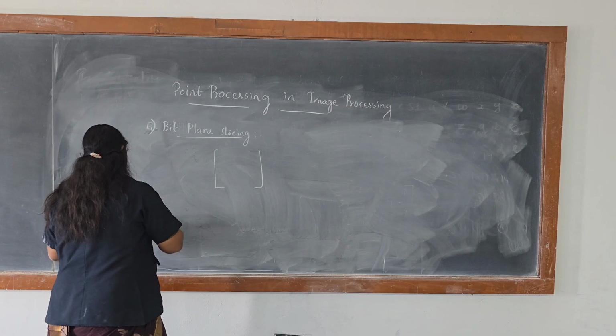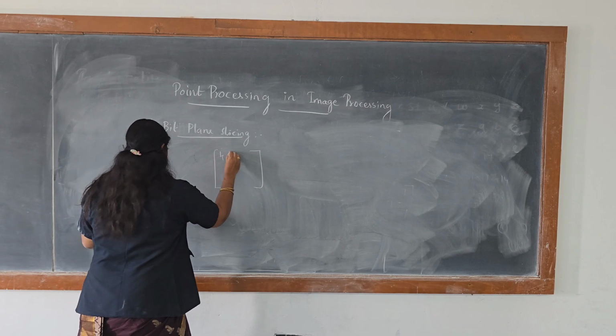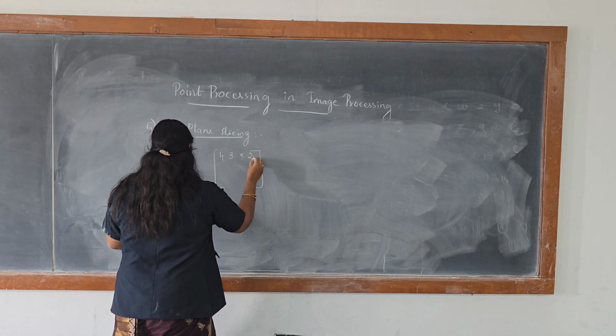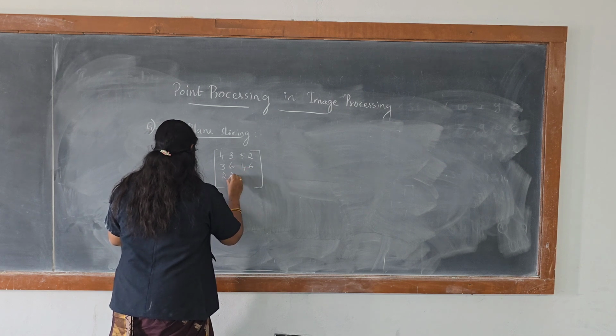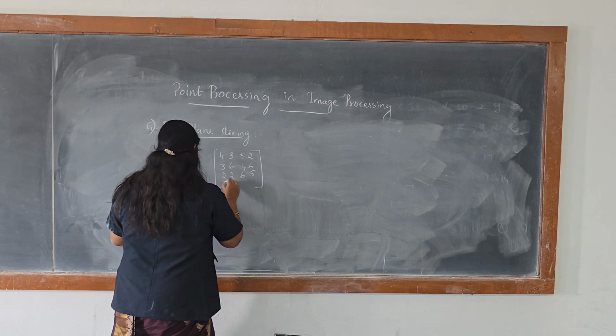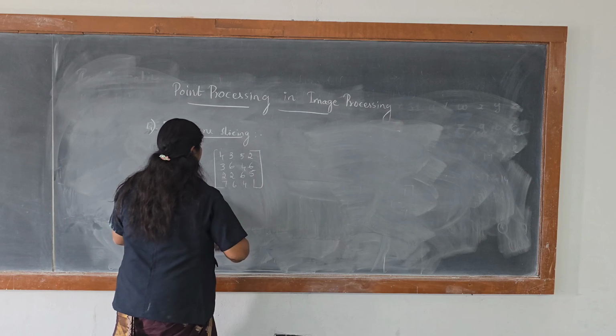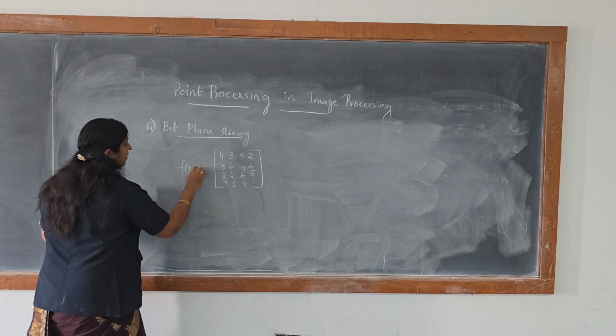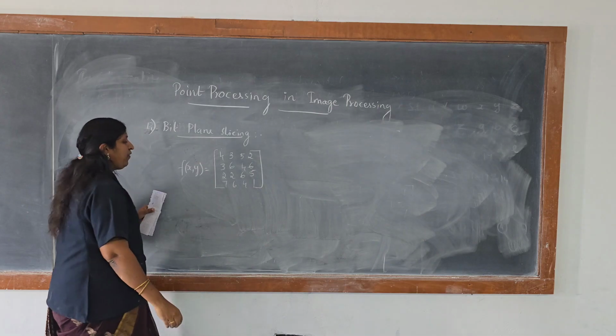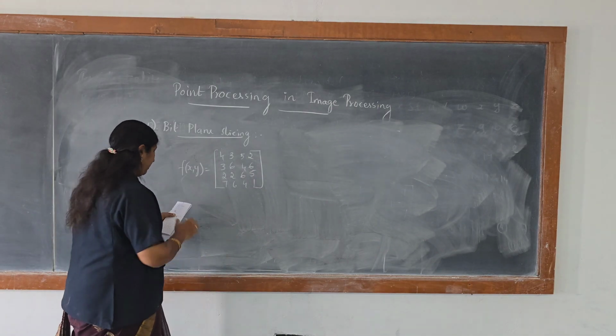Take the same example: 4 3 5 2 3 6 4 6 2 2 6 5 7 6 4 1. For your understanding I am writing the same example again and again. f(x, y) is the input matrix.